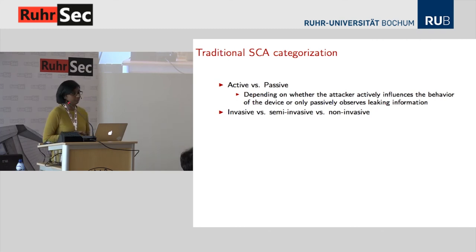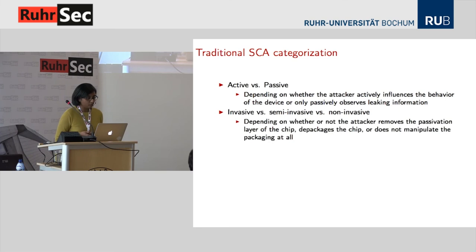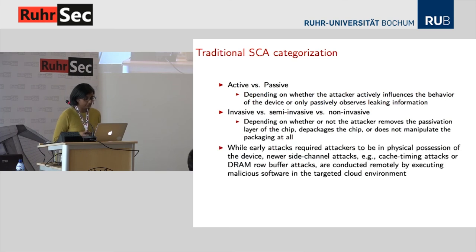If it's actively influencing it, it's an active attack, or if it's passive, only observing leaking information, it's a passive attack. The second one is invasive, semi-invasive, and non-invasive. Here it really depends on the extent to which you are interfering with your chip, in this case.